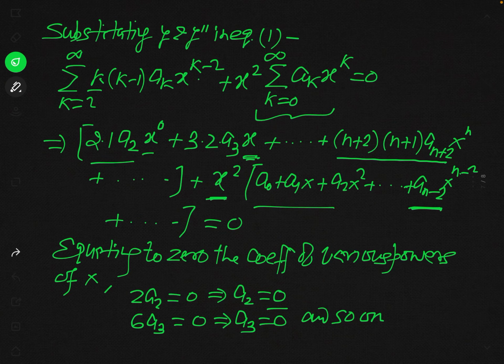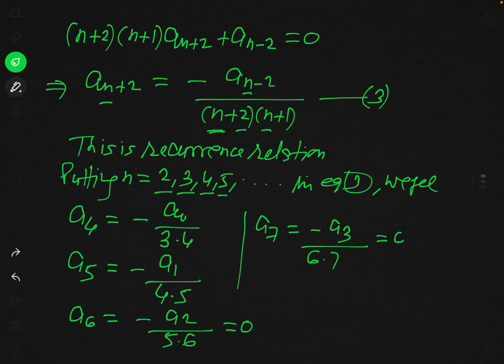And since you have seen that A3 is 0, this result will again be 0. And similarly A8, you can check it. A8 will be equal to A0 divided by 3 into 4 into 7 into 8, and so on. In this manner, we can get the values of the different coefficients.